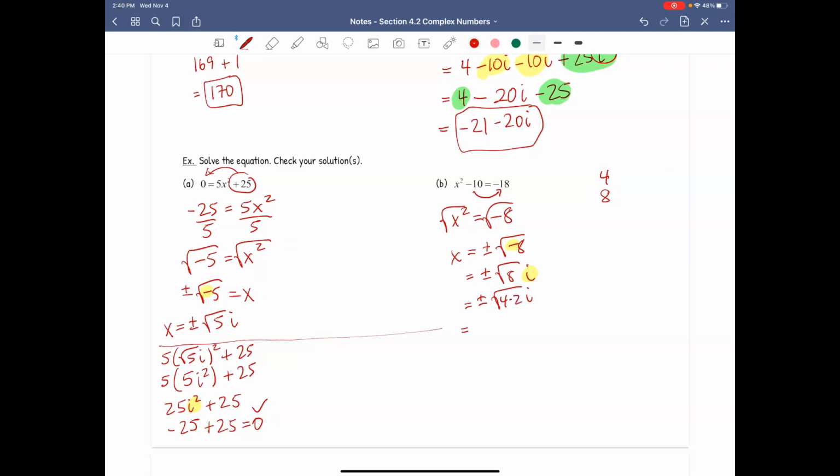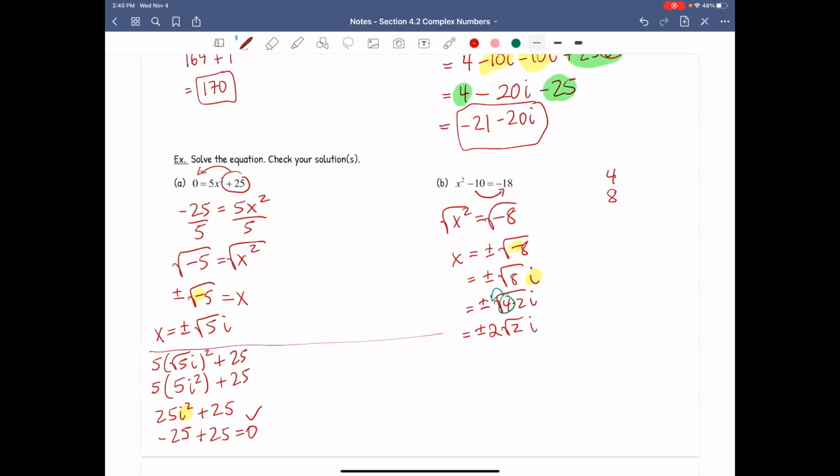And so now that we have a perfect square under the radical, that 4 will come out of the radical and become its square root. And so the square root of 4 will become 2, and so this will be plus or minus 2. This 2 right here is not a perfect square, and so it has to stay underneath the radical, and then don't forget about the i right here. And so we have our two solutions right there.